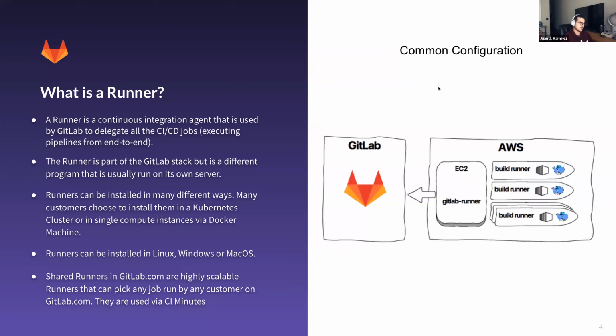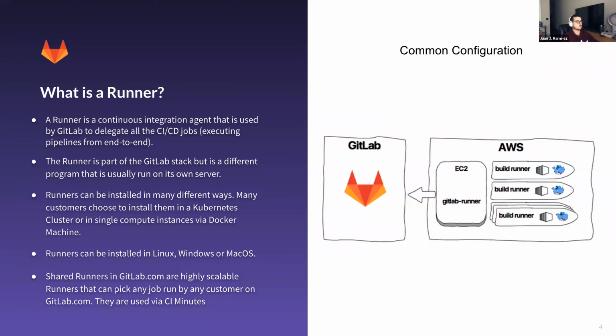And I think I mentioned this earlier, but runners can be installed in many different ways. Of course, the basic thing that you can do is install it on your machine and test and build on your machine. But there are many ways that you can install a runner, right? One thing that customers choose is to use a Kubernetes cluster, which seems to be the modern approach to build infrastructure.